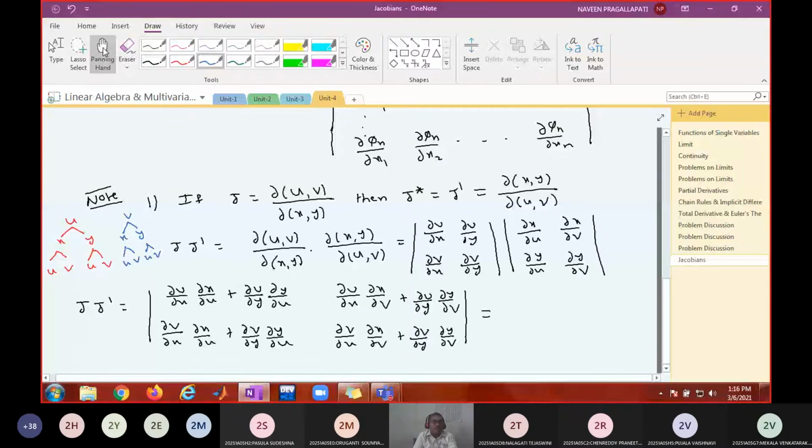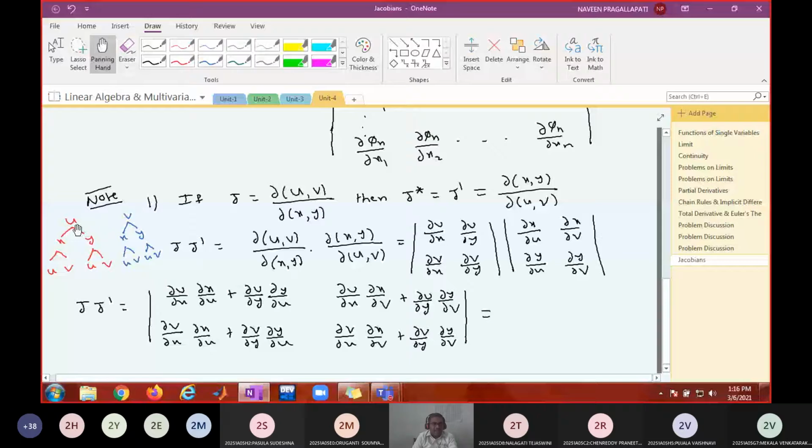Okay. Now you see the tree diagram. In this tree diagram, what are the independent variables? u and v. Can you see that? Please respond immediately. Yes.